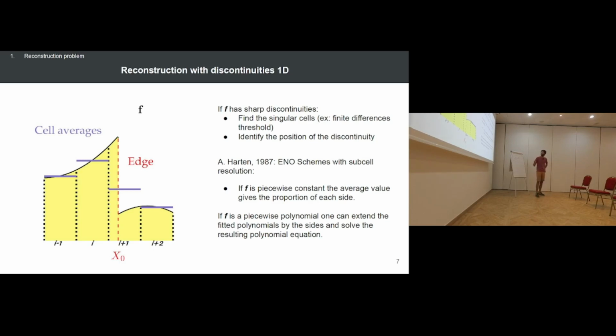One thing you can do, and it has already been done, is to take the approximations you got from both sides and extrapolate to the middle of the cell to build an approximation, and you can still do something. So in 1D, this is kind of done.